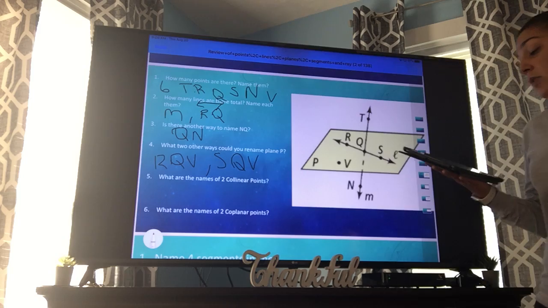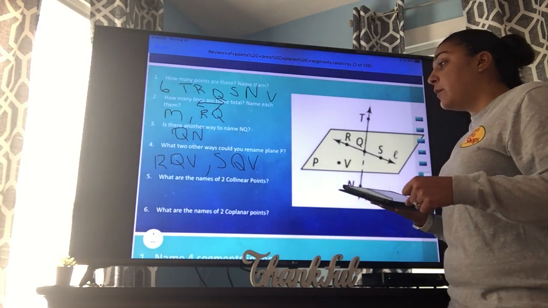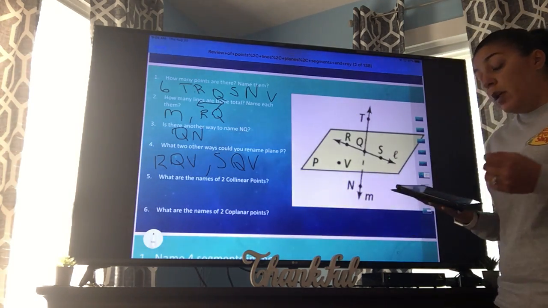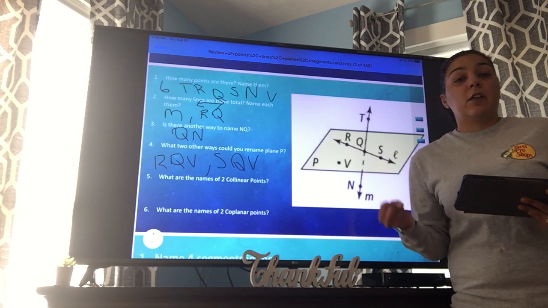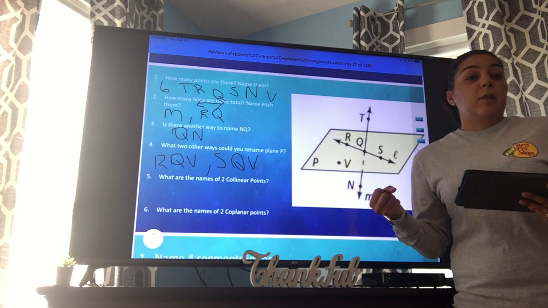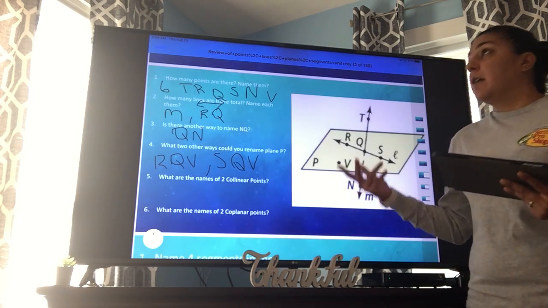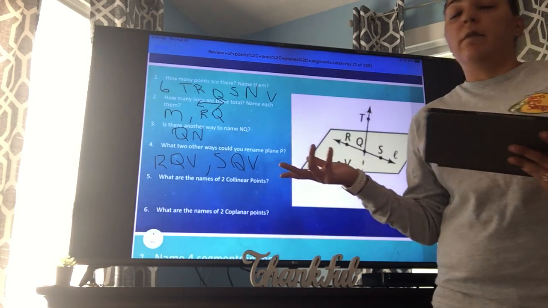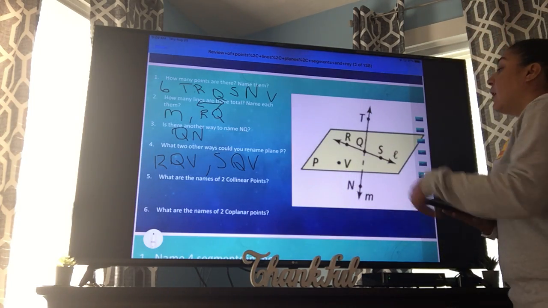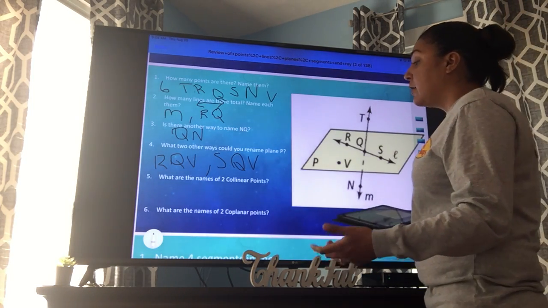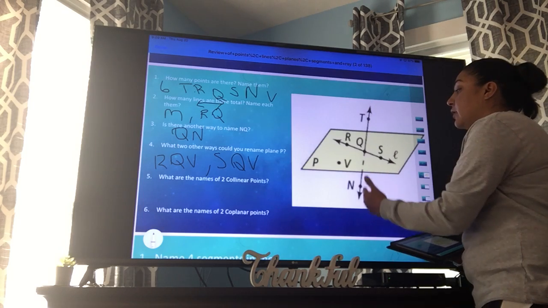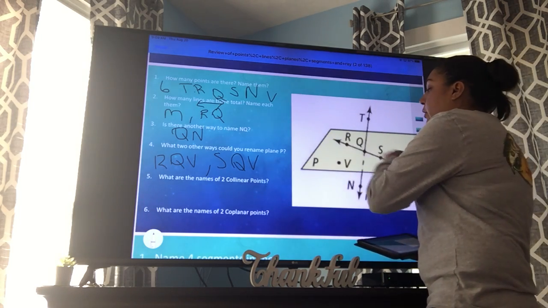Okay, our next one says, what are the names of 2 collinear points? So we talked about it, collinear means on the same line. So we have this line that's going up and down, and the one that's kind of going across.